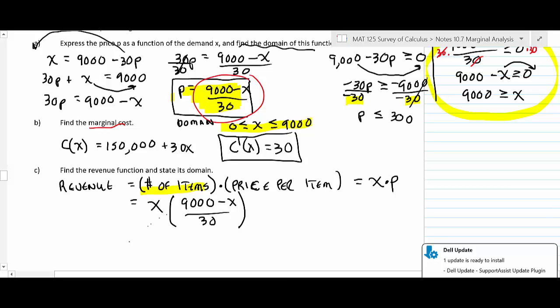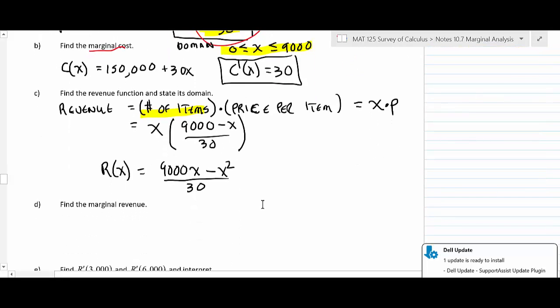Now what we want to do is write this as R of x for revenue, and then I'm going to go ahead and do a distributive property. So if I do a distributive property, I'd have 9,000x minus x squared all over 30, okay? You can write the revenue that way, or you can also break the fraction up. It's typically what you'd like to do, though you don't have to.